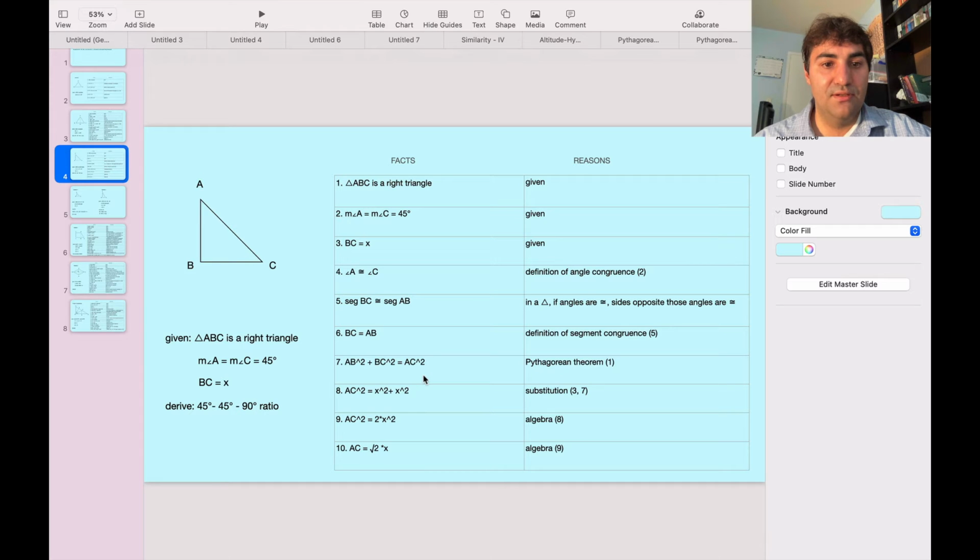Now I'm going to substitute what I have: BC is equal to X and AB equals BC, so it's also equal to X. You put that into the Pythagorean theorem, do some simplification, and you get AC is equal to the square root of 2 times X. So in other words, we have this X, X, square root of 2 times X ratio.